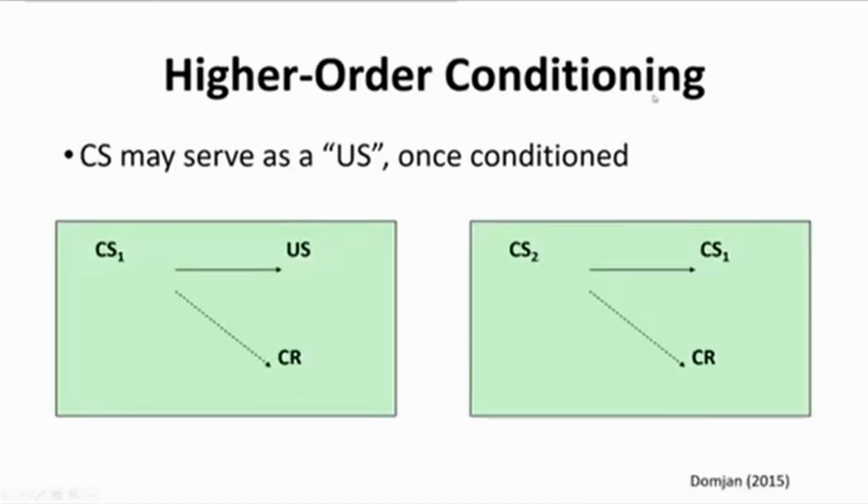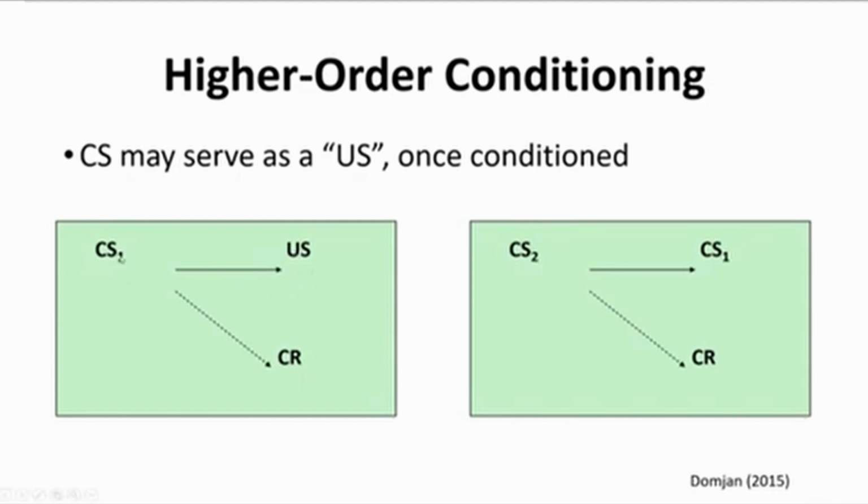So let's look at higher order conditioning first, because this is one that you've probably already got quite a bit of experience with, so it should be fairly straightforward. There are two phases associated with higher order conditioning. Phase one is that we need to have an initial conditioned stimulus that is associated with an unconditioned stimulus. So we do need that unconditioned stimulus to get everything started.